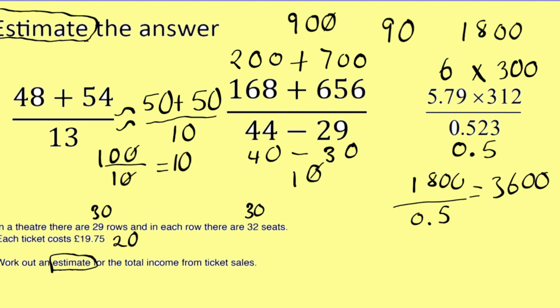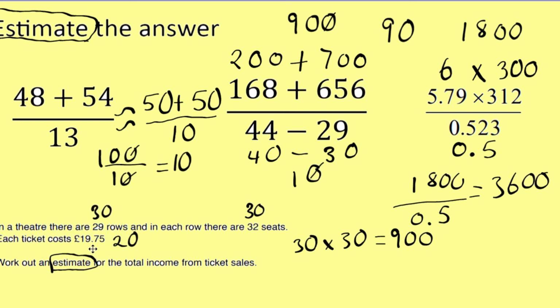So there's 29 rows, I've rounded it to 30 rows. And each row has 32 seats. So I'm going to do 30 rows multiplied by 30 seats. So 3 times 3 is 9. So that's 900 seats altogether.